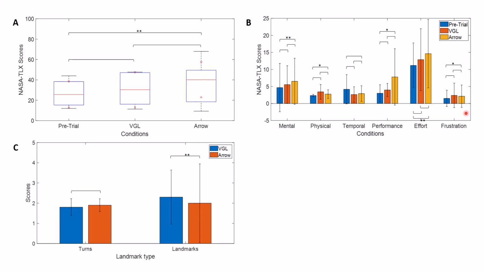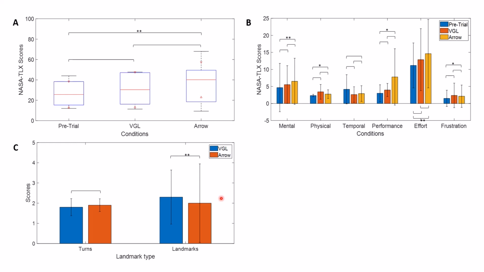We also looked at the learning effect by asking participants to draw a map at the end of each trial. We counted the number of turns they walked through and the number of landmarks they were able to remember. The number of turns was pretty much equal because our trial was too short, but the number of landmarks was significantly higher for VGL compared to the directional arrow, which is a clear sign that users learn the environment better while using VGL.